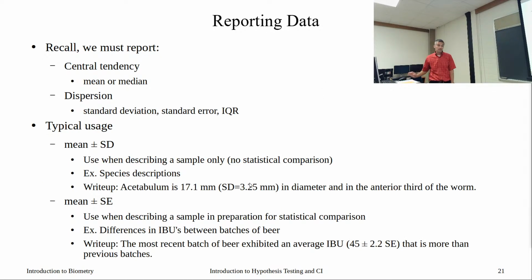It's a preferred method because we're almost always going to be doing some sort of statistical comparison, so we can report it as the mean plus or minus the standard error, or we can give the mean in the text and then report standard error in parentheses.